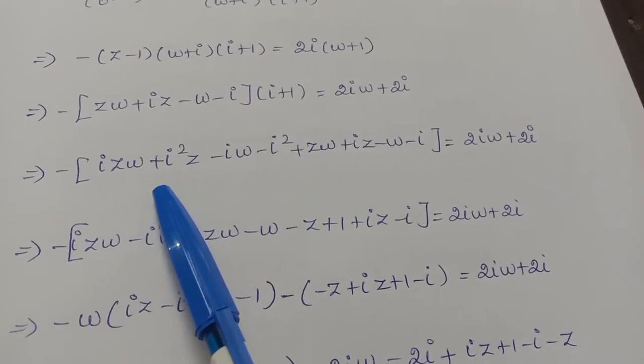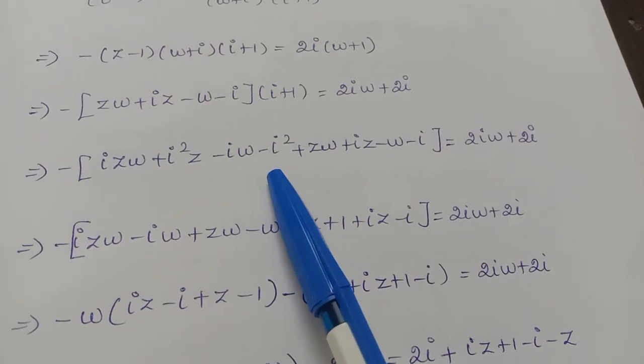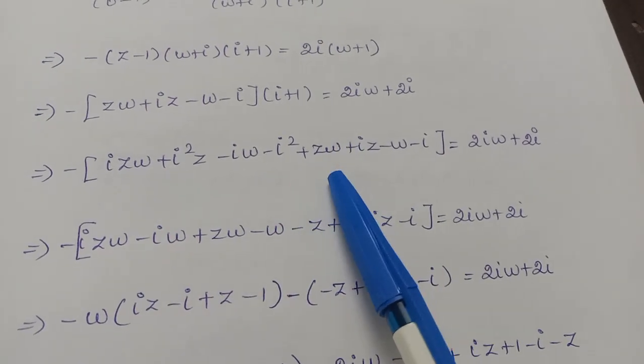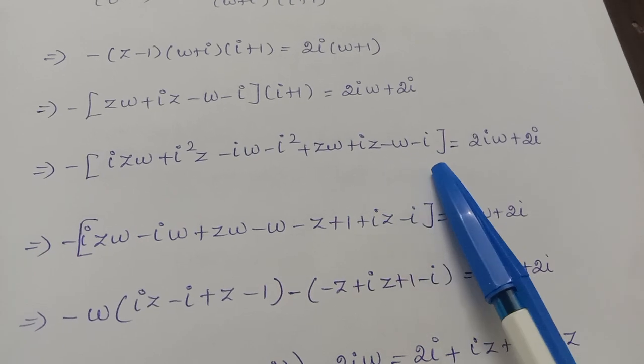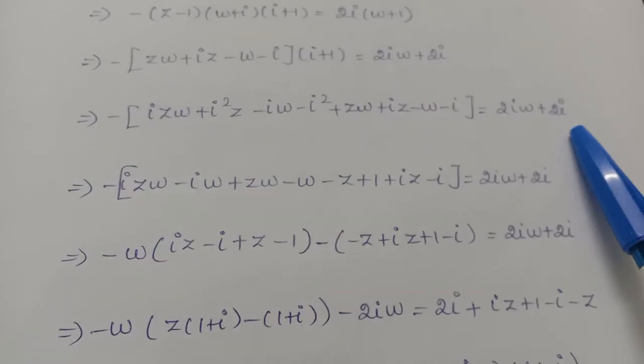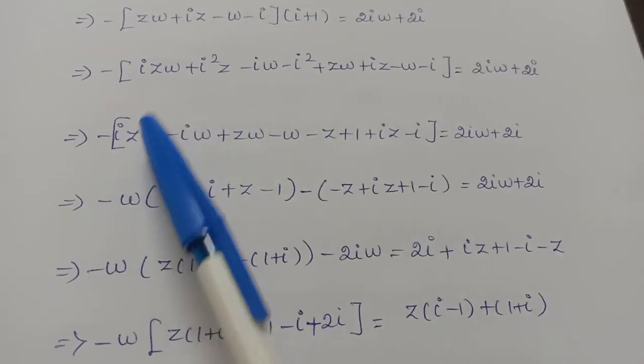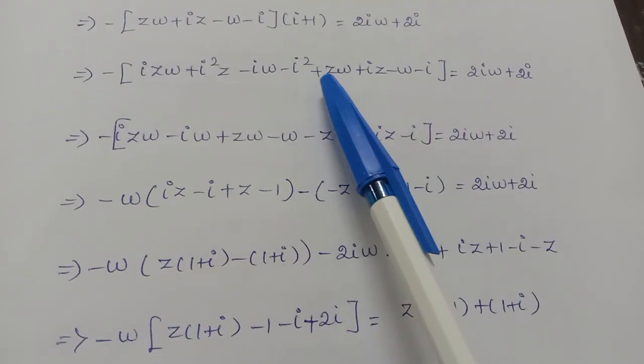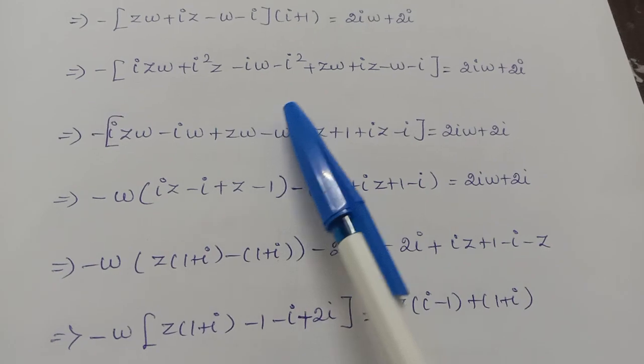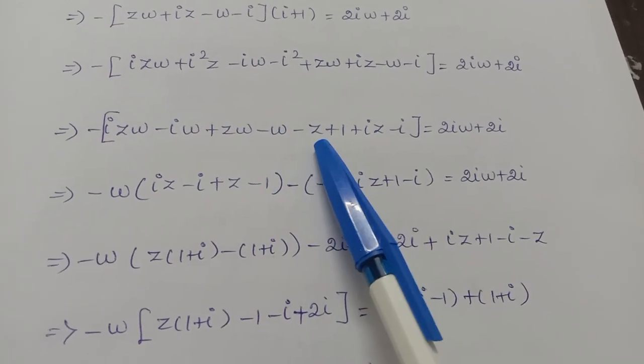So izw plus i squared z minus iw minus i squared plus zw plus iz minus w minus i equals 2iw plus 2i. Let us simplify these terms. Minus izw; I am writing all the w terms together: minus iw plus zw minus w, minus z plus 1 plus iz minus i.